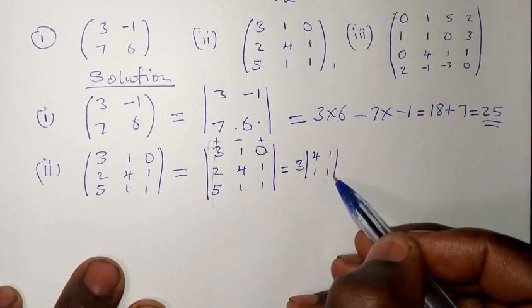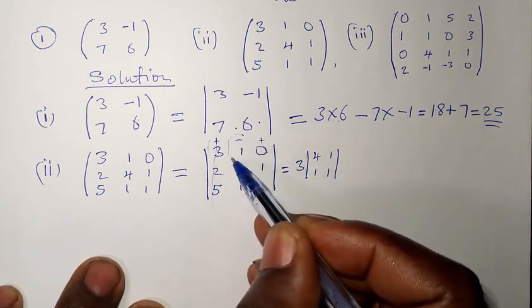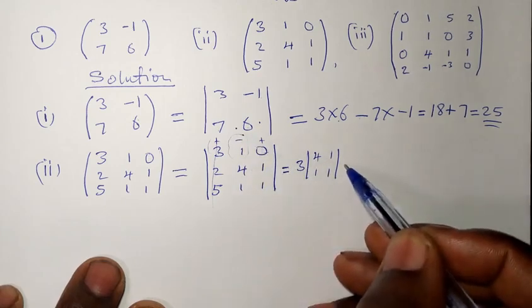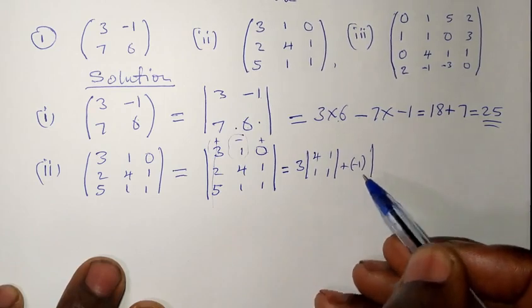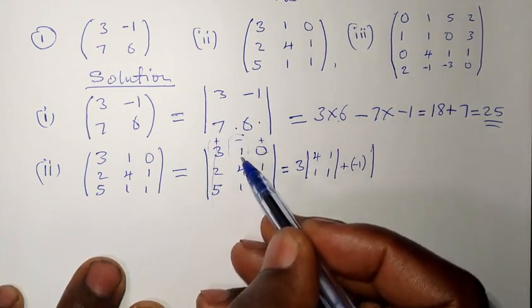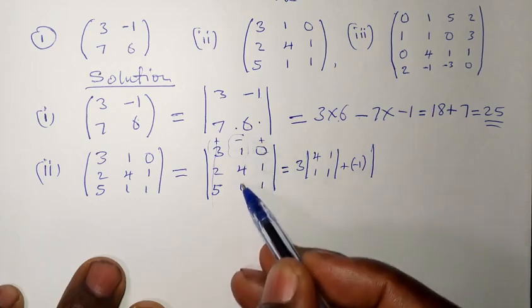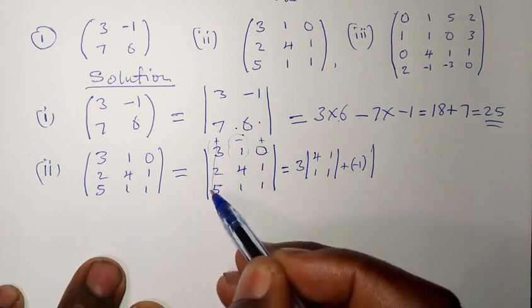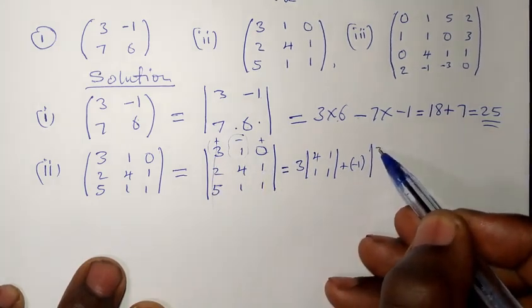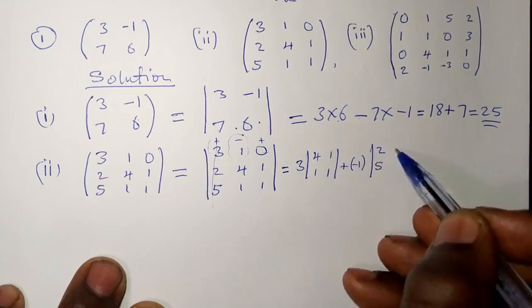Having taken that one, you now come to the middle one, which is minus 1. Then you open the bracket. When you take this one, you cancel its column and its row. You are left with this one and this one, so that it will be 2, 5, 1, 1.